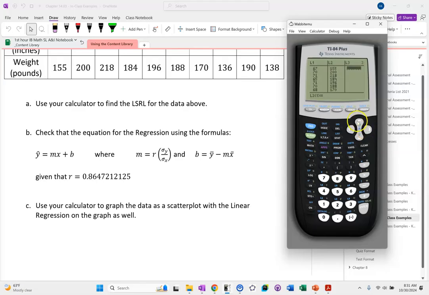Let's see. So if I go to L3 and I do, where is that at?